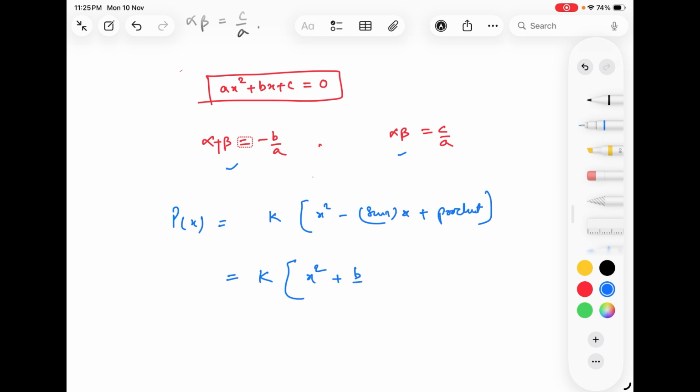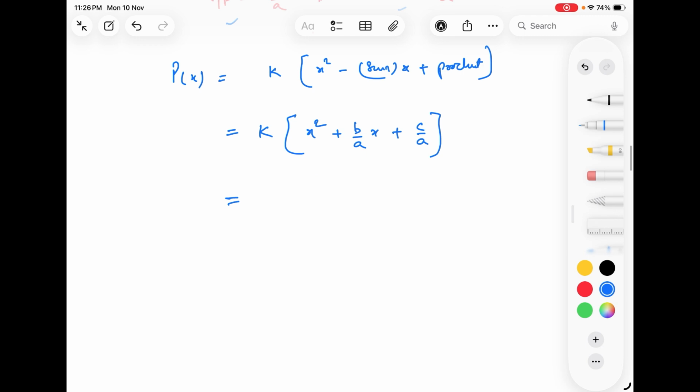So, it becomes plus b by a x plus c by a, right? This is a quadratic polynomial and we get ax square plus bx plus c whole upon a, that is k by a times of ax square plus bx plus c. This is the quadratic polynomial which we get when sum and product of the roots is given.